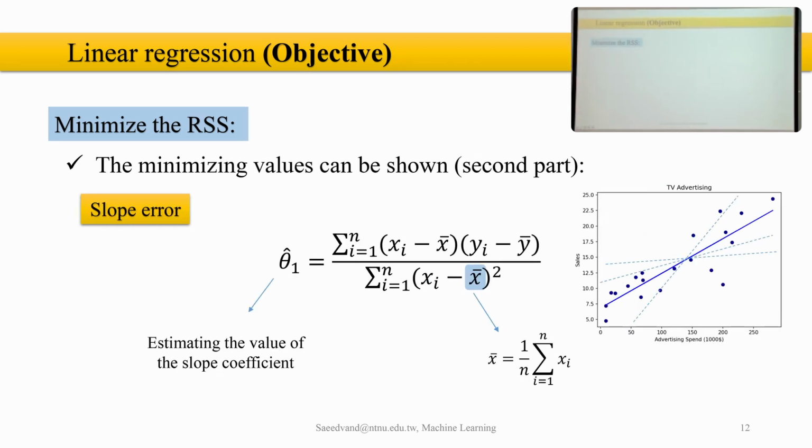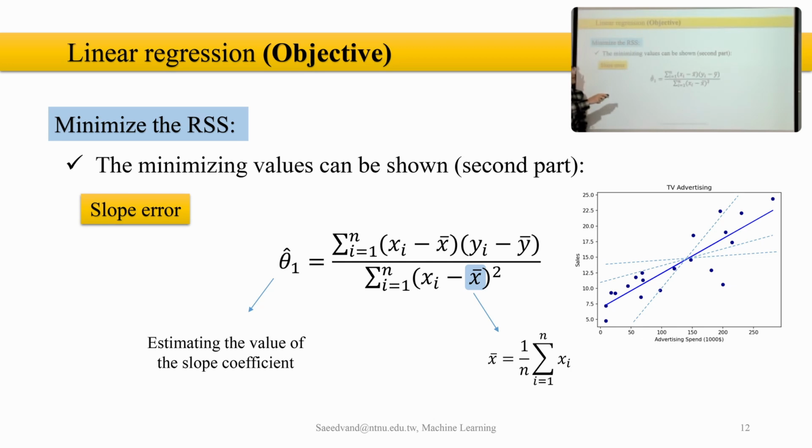On the other hand, what is the second step? The second step is minimizing the slope error. So what should I do? I should minimize the error for theta hat 1. It means that I want to find some values to put there to minimize the error of the model that I have, and it can be calculated like this term over here.